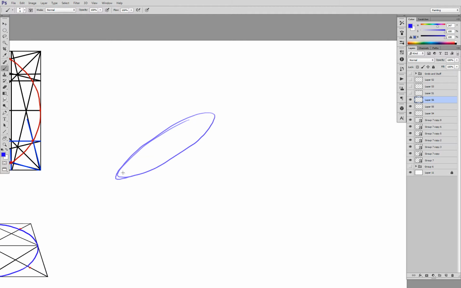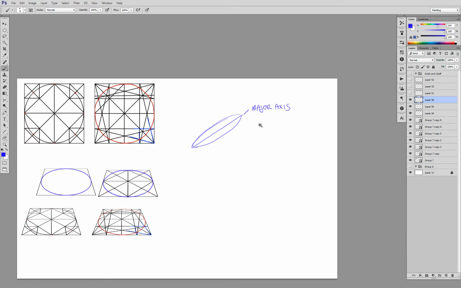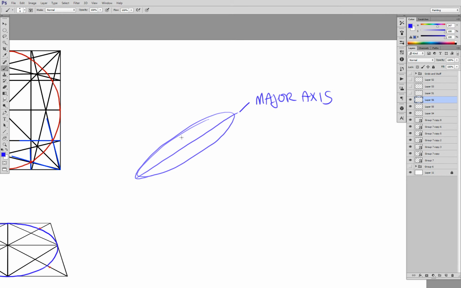I think it's axes. One represents the wider part of the ellipse, right? And this is the major axis, because it's the bigger one. And this one is the minor axis.